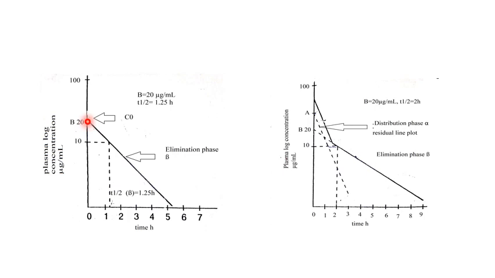It means that at the time of administration of the drug, it is the maximum amount of the drug present in the plasma, and it is 20 microgram per ml as per this graph, and half of this 20 is 10. So if we want to calculate half-life from this graph, it is very easy. This is the maximum concentration and half of it is 10. So this is the 10 microgram per ml point.